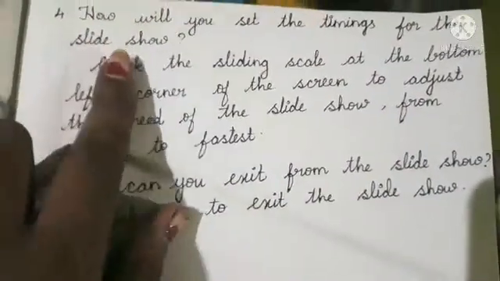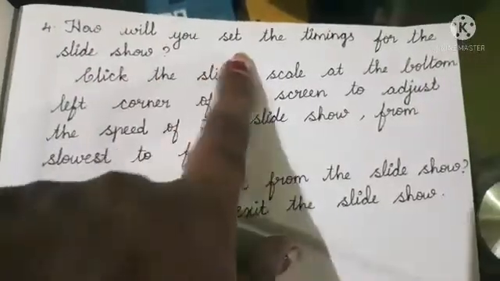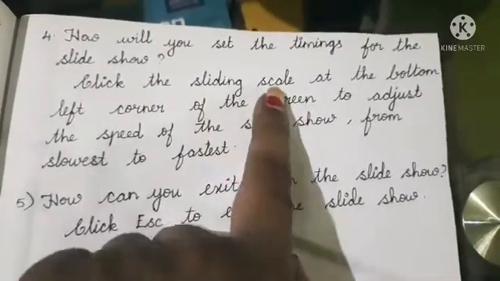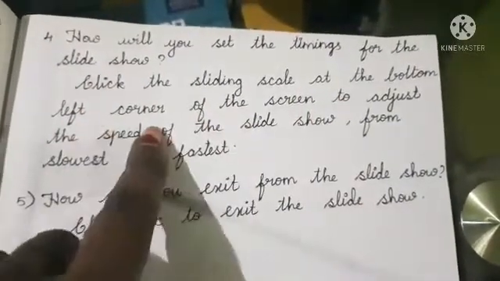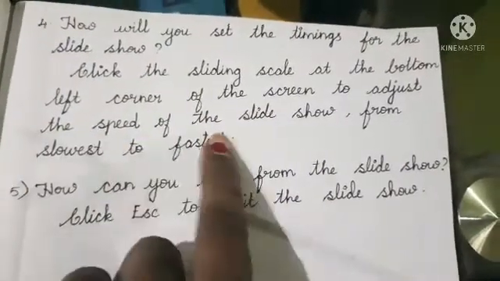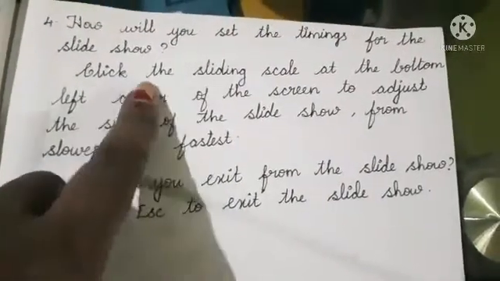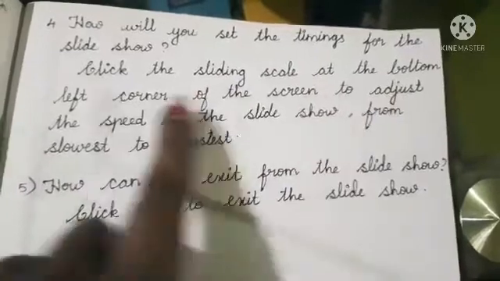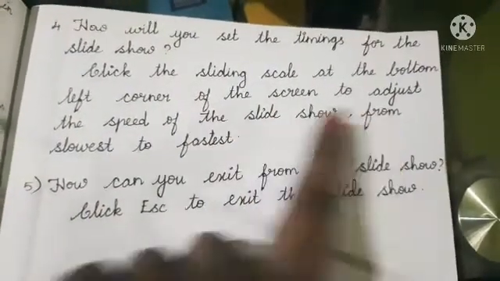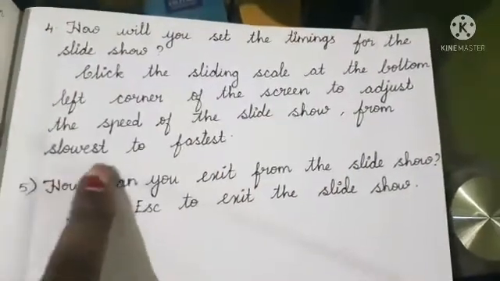Next question, how will you set the timing for the slideshow? The answer is click the sliding scale at the bottom left corner of the screen to adjust the speed of the slideshow from slowest to fastest.